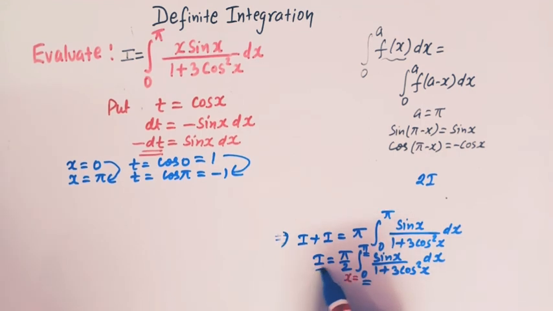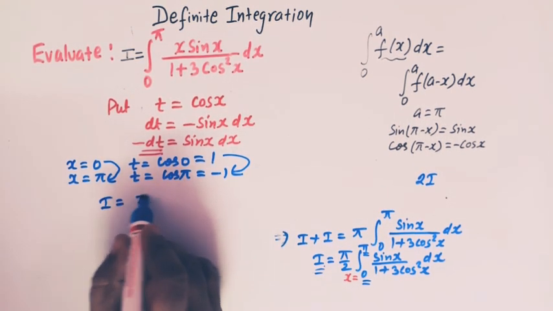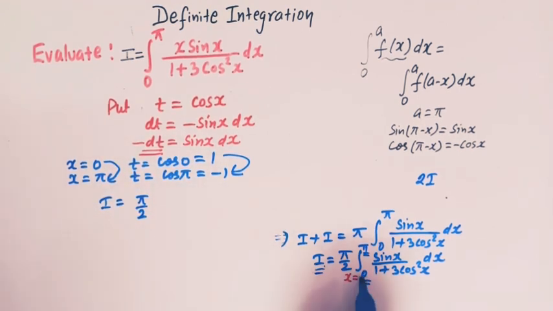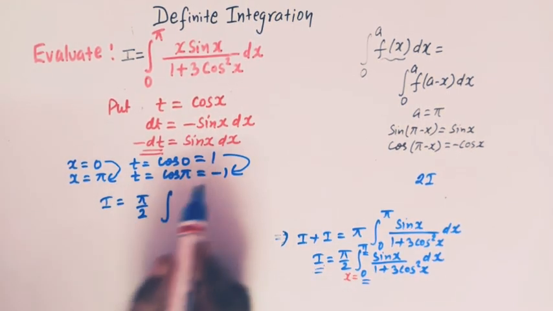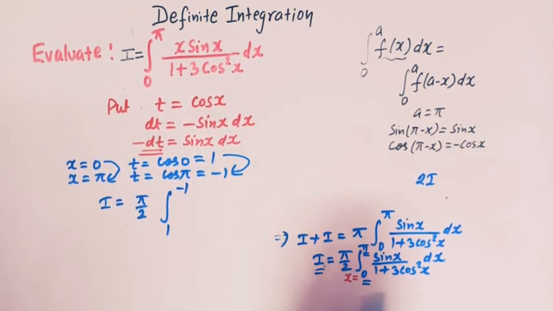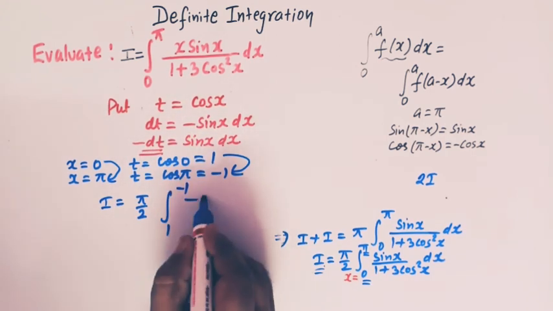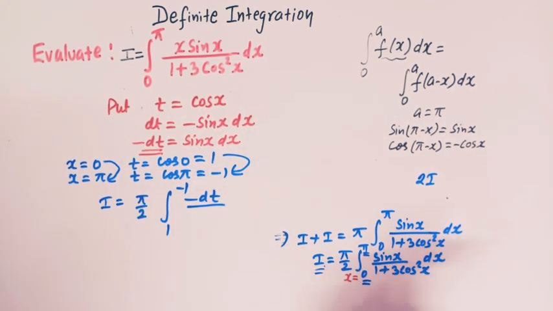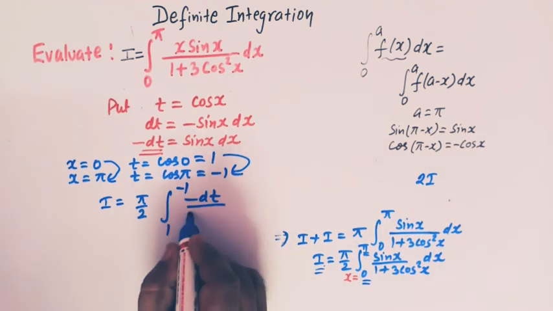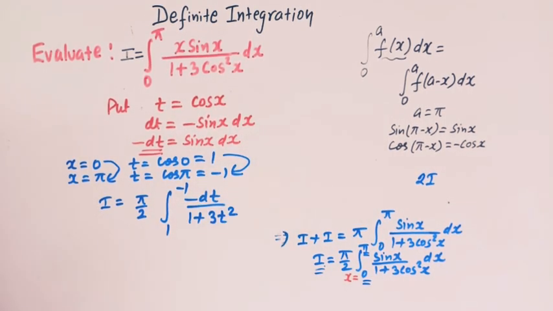So now this integral I is reduced to pi over 2, and here we have the limits from 1 to minus 1, and for sin x dx we can write minus dt, and in the denominator we have 1 plus 3 t square, right?